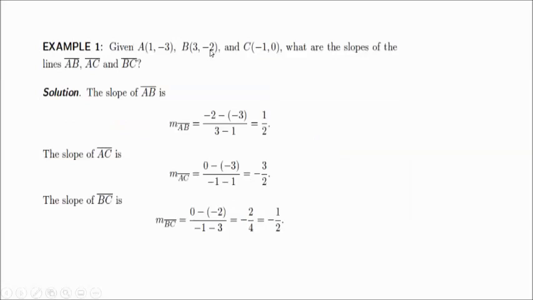So negative 2 minus 3... I mean, negative 2 minus negative 3, over 3 minus 1. Negative 2 plus 3 is 1, and 3 minus 1 is 2. So the slope is 1/2.